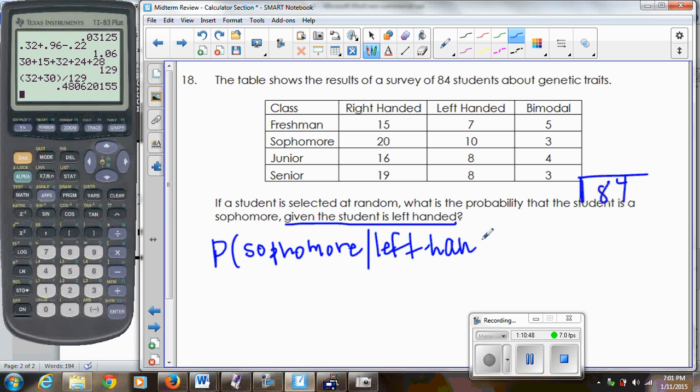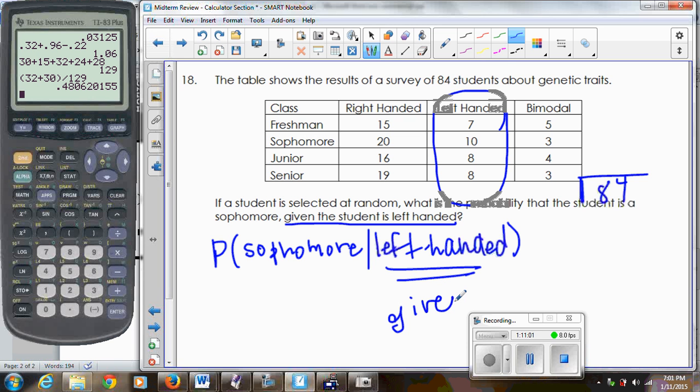And basically all that means is that we are narrowing down the group. So we're not actually talking about all 84 people. We are just talking about the group of students that are left-handed. That's what this given information tells us. That's what this condition says. So I'm just looking at the left-handed students. So I'm going to find out how many students are left-handed.